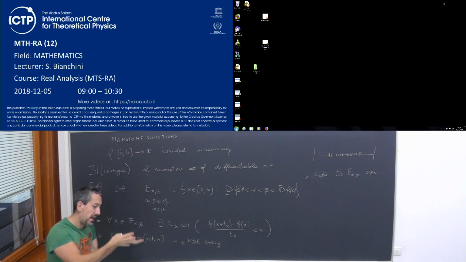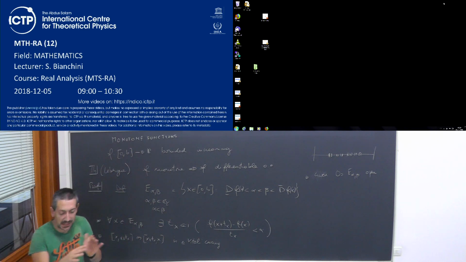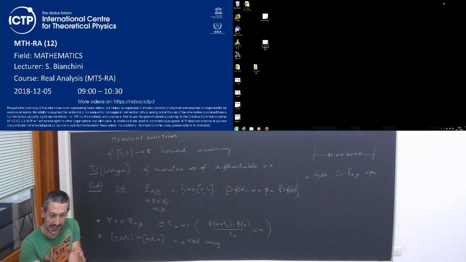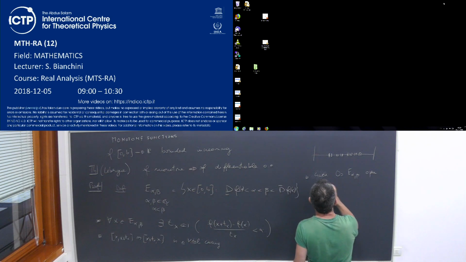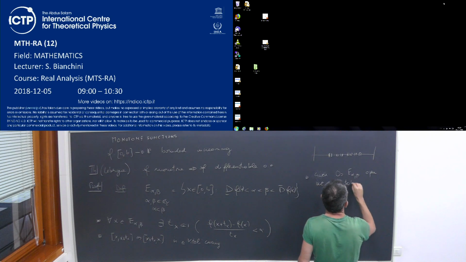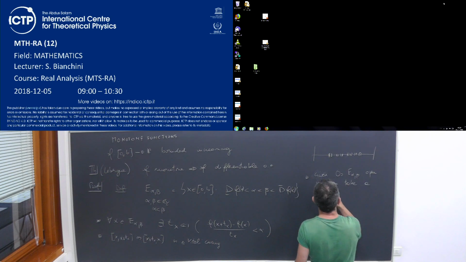We remove finitely many closed intervals, and this is an open interval, and we just refine the partition inside the definition. We can take a disjoint family.